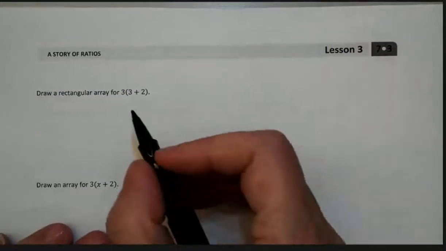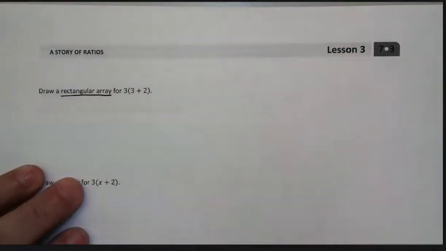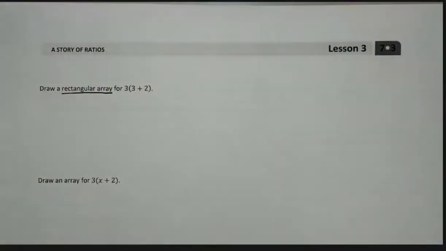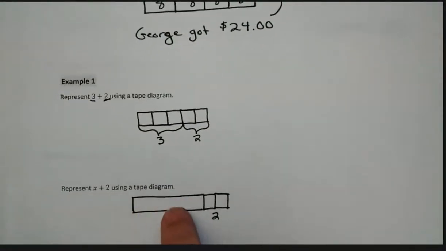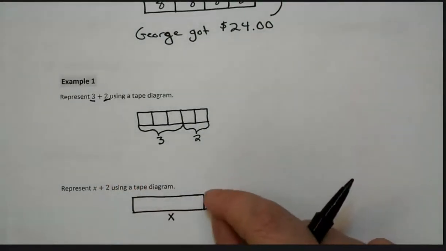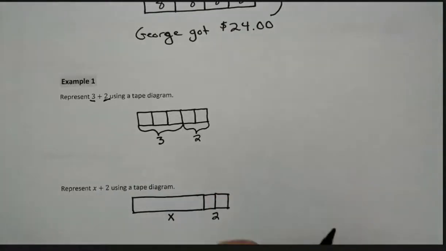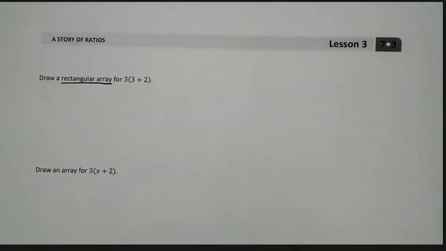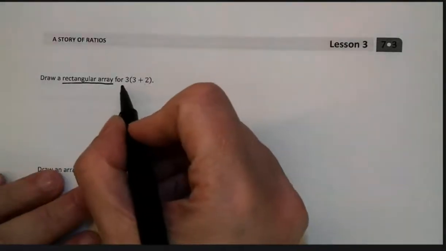at the top, it says draw a rectangular array. So a tape diagram is just a line. Think of it as a long, skinny rectangle that represents an amount. A rectangle is 2-dimensional.